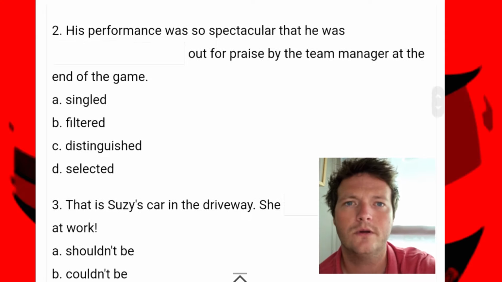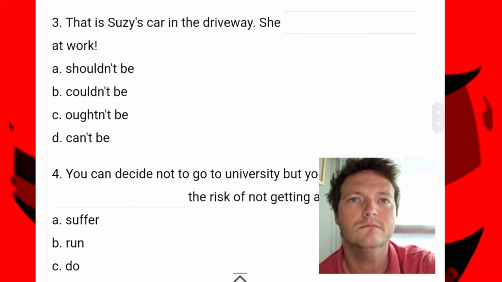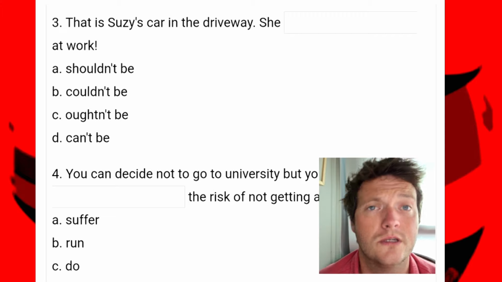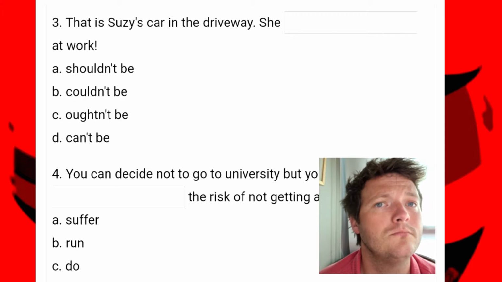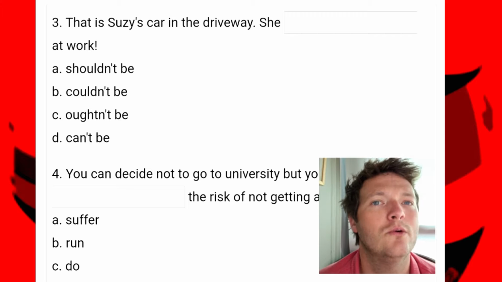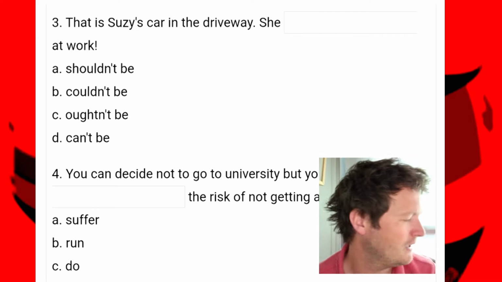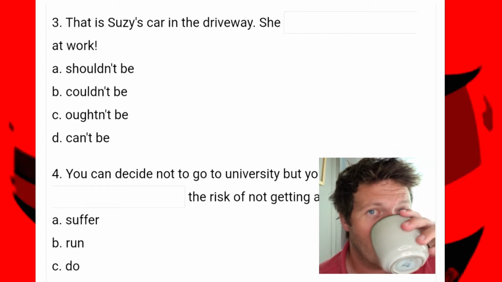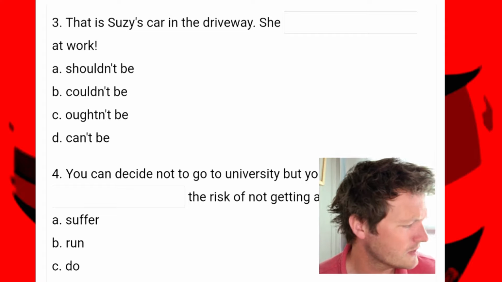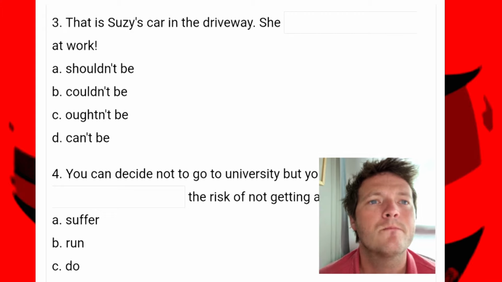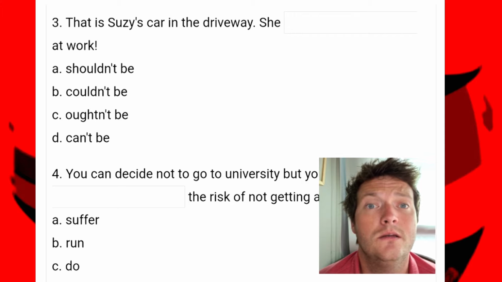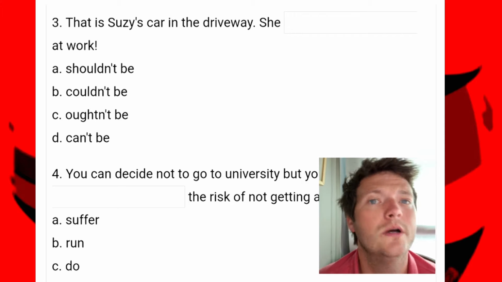Okay, let's carry on. Number 3. That is Suzy's car in the driveway. She shouldn't be, couldn't be, oughtn't be, can't be. Well, this isn't really like part 1, is it? Because you normally only have one word. But I suppose it's good practice for modals of deduction. If Suzy's car is in the driveway, she can't be at work.